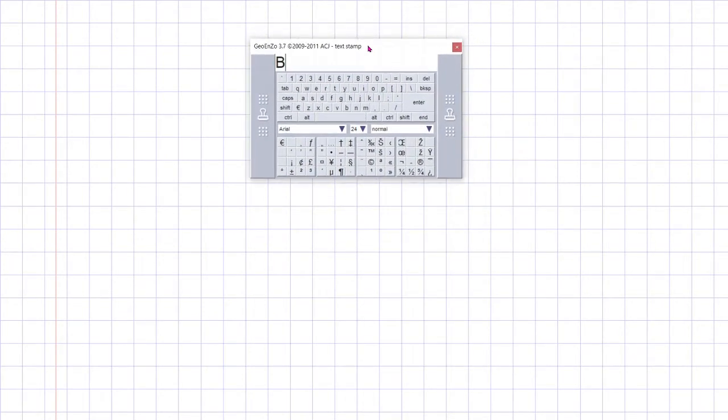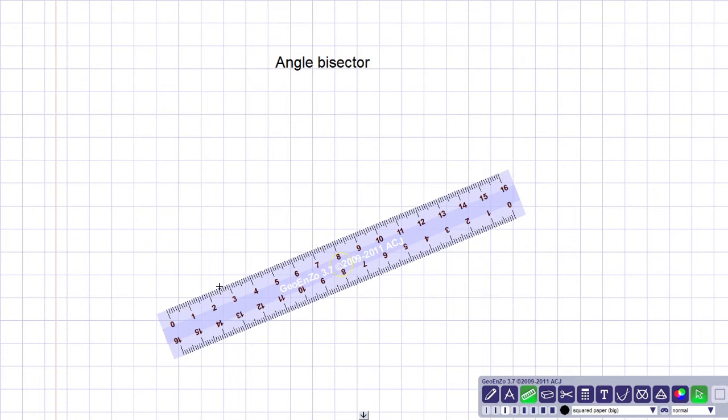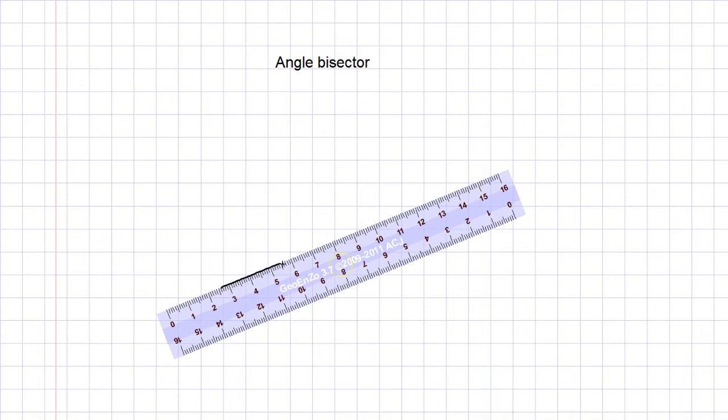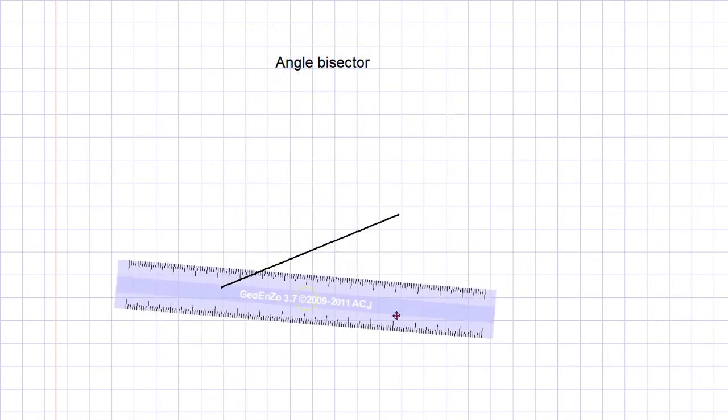Angle bisector. First draw a straight line. Draw an angle.